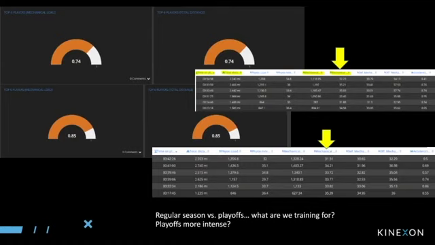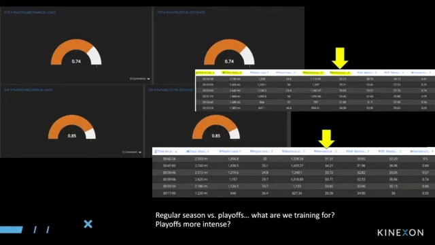Because really that's what everybody's working for. I don't care what sport it is, what you're trying to develop is making sure that you're going to get into the playoffs and then be peaking for the playoffs, not burnt out for the playoffs, and not having to shorten the bench and realize that you don't have the energy for that short bench. So that's our ultimate goal, what we're trying to do.